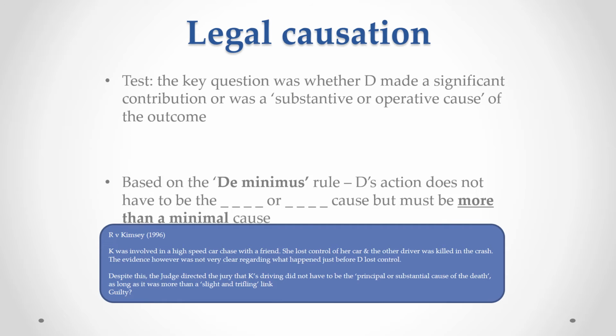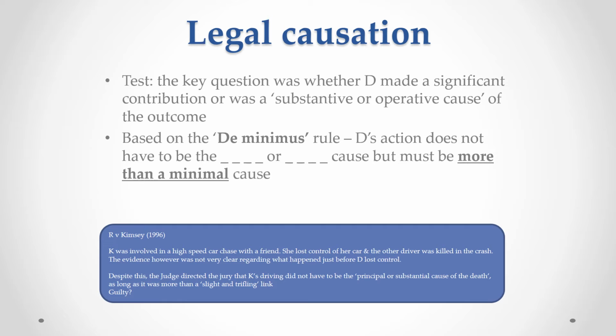And the rule that I really like in relation to this legal test is the de minimis rule. So what this says is that for a defendant to be liable, their actions must be more than the minimal cause of death or harm. They do not have to be the sole or main cause, but they must be more than the minimal cause.